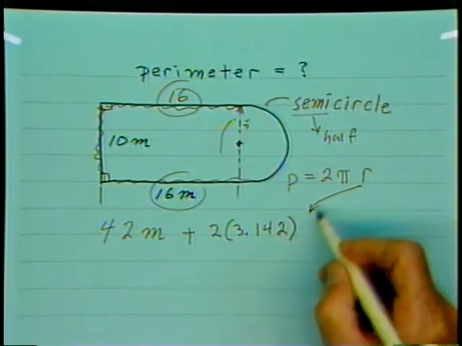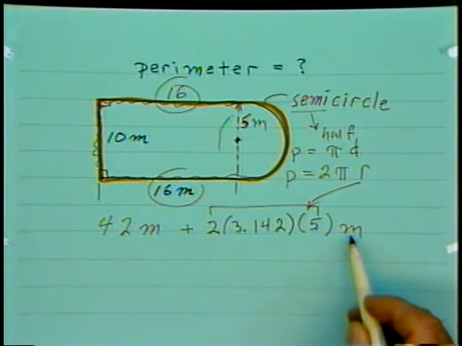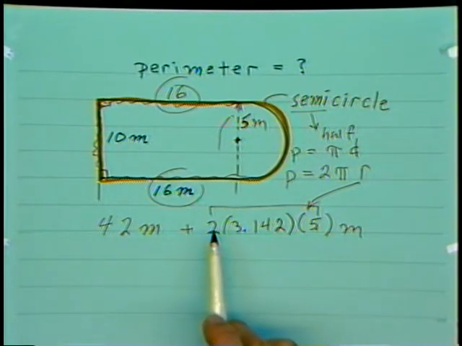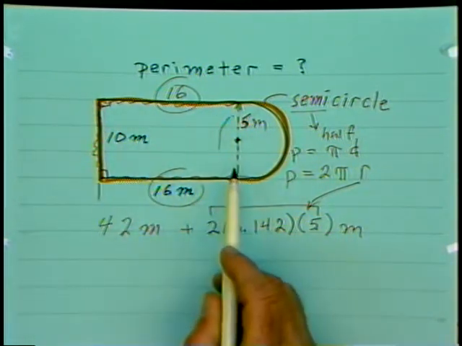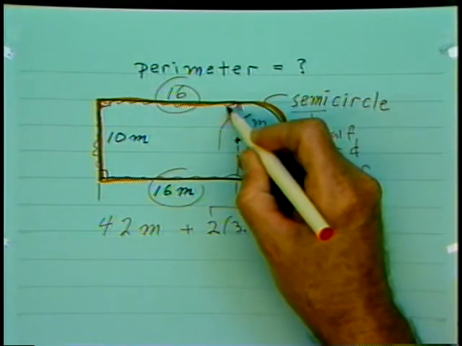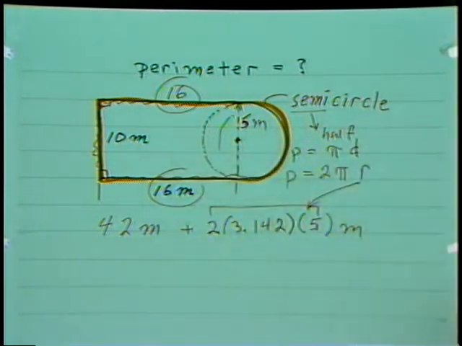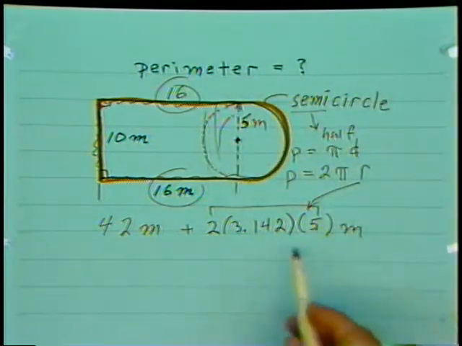So in fact the radius is 5 meters, as a matter of fact, because we can only add like units with like units. But if we added this onto this, we would actually be adding in the circumference of an entire circle, and we want only a half circle.